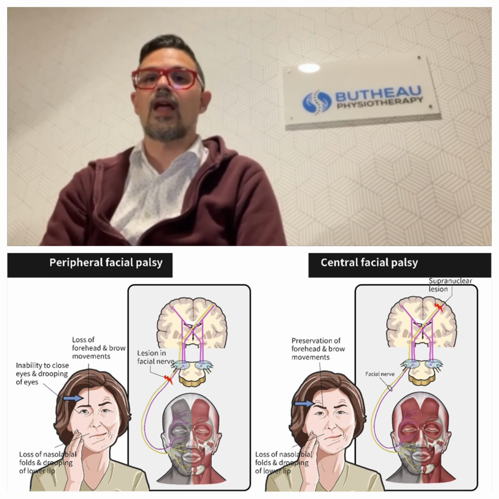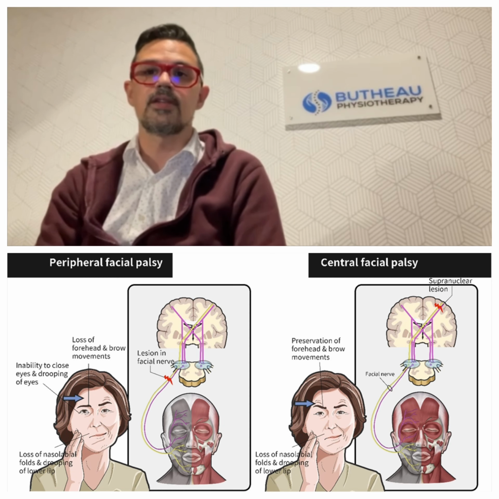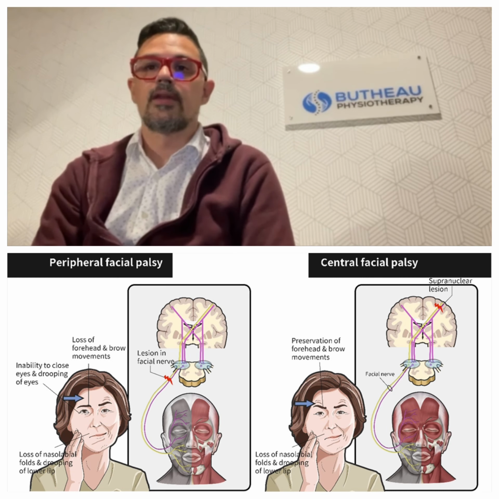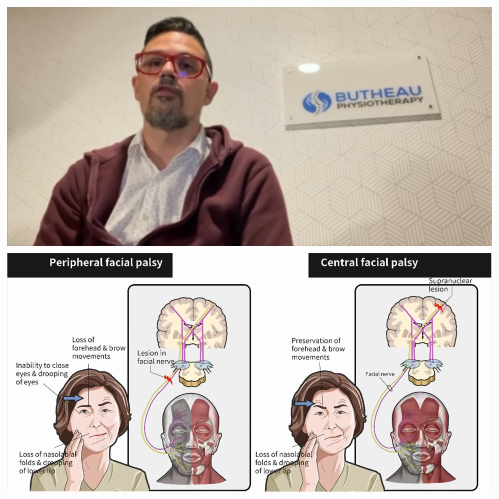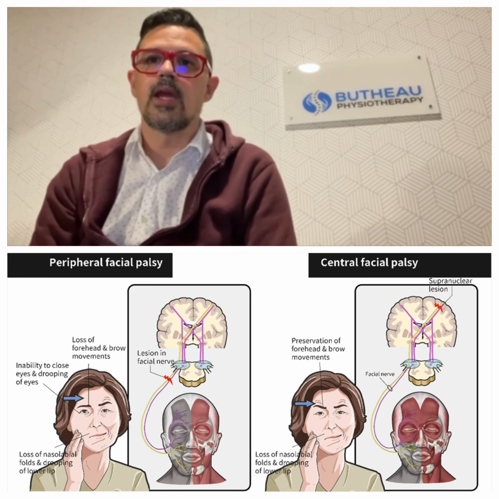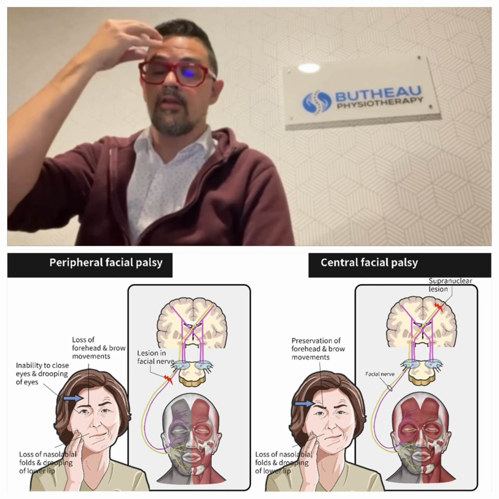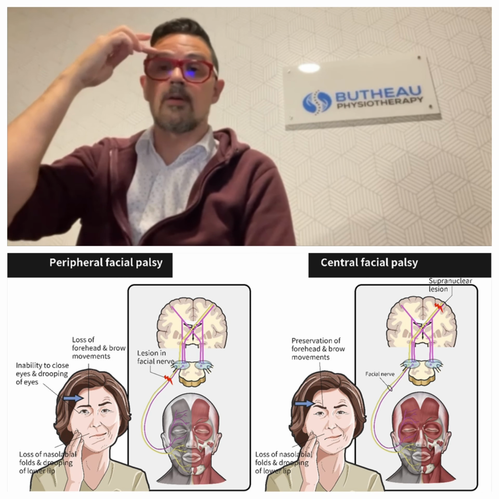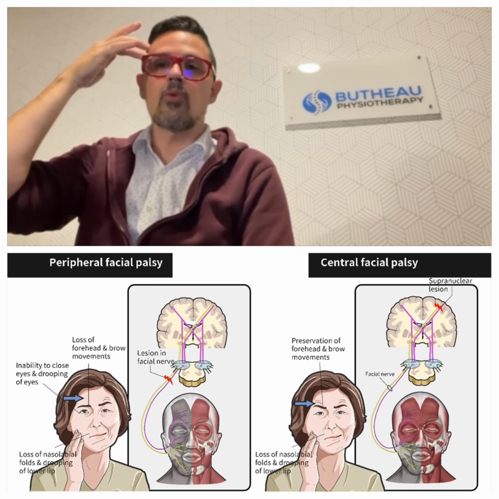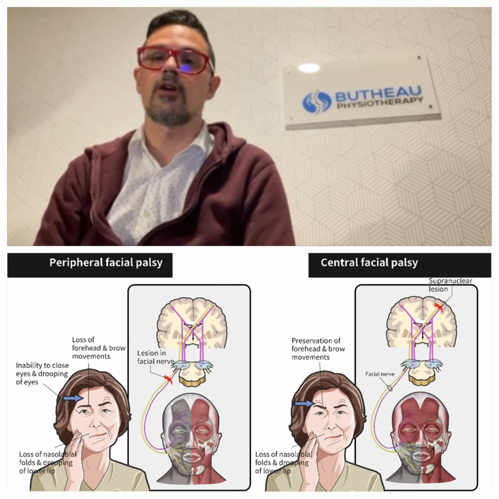So a lesion that damages the motor cortex, such as a stroke or an acute ischemic stroke, will result in contralateral facial weakness of the lower face only. And the upper part of the face, where the forehead muscles, your eyebrow muscles, and your eyelid are, are not gonna be so much affected.